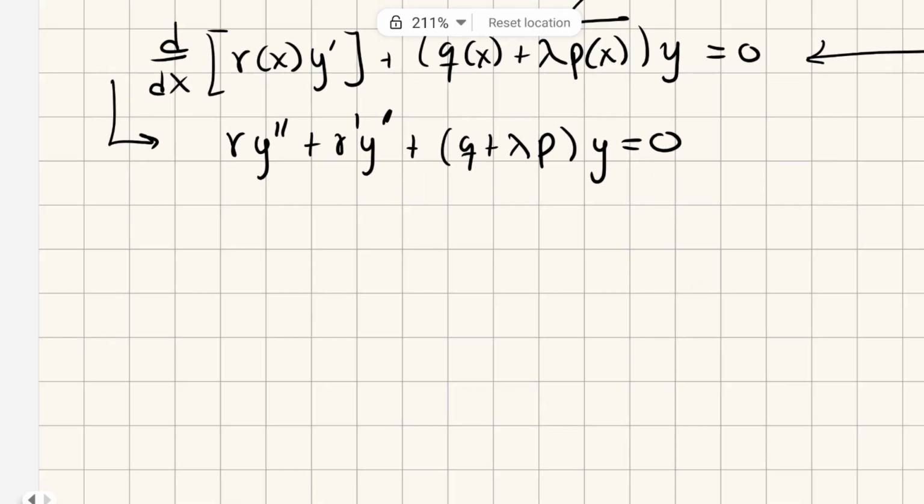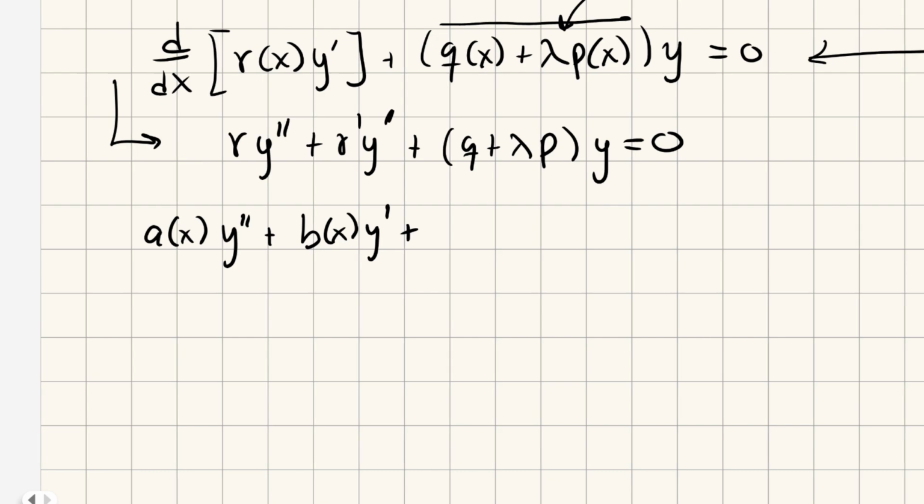So we are going to start by establishing that a of x y double prime plus b of x y prime plus q of x plus lambda p of x times y is equal to 0.